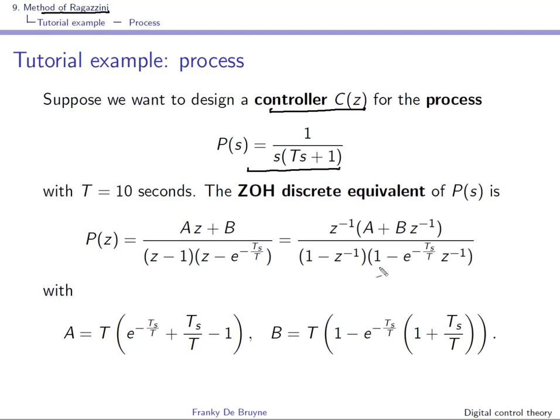As you can see here, this slide has been recycled from previous slides in the course. And here A and B can be computed as follows. T is the time constant, it's 10 seconds, and in our case here we'll take TS is equal to 1 second.